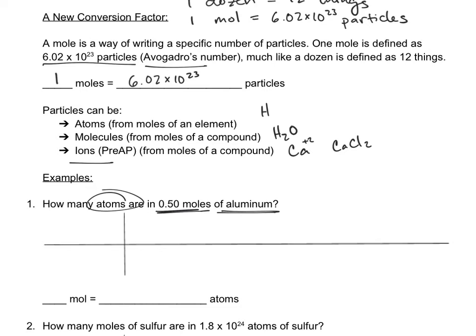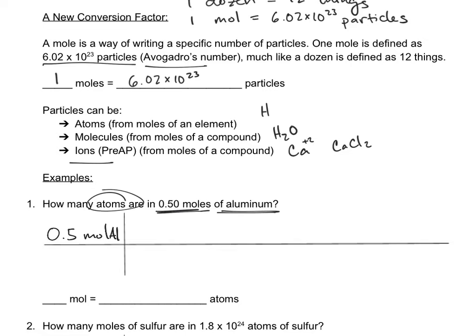The given information is 0.5 moles. And when you draw these tables, you need to start putting the substance with it, because eventually we're going to be switching back and forth between substances. So it's a good habit to be in. We've got 0.5 moles of aluminum, and we're going to go to atoms of aluminum.